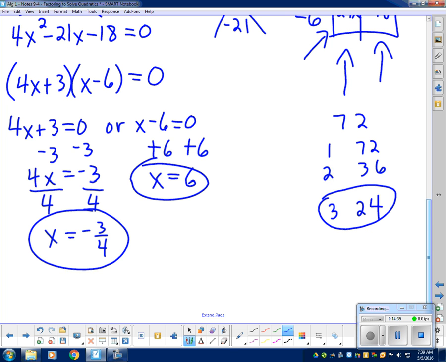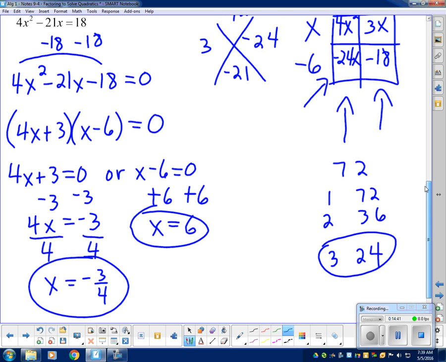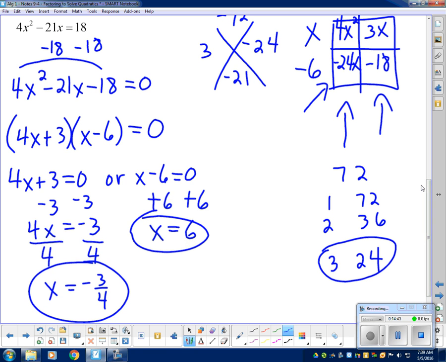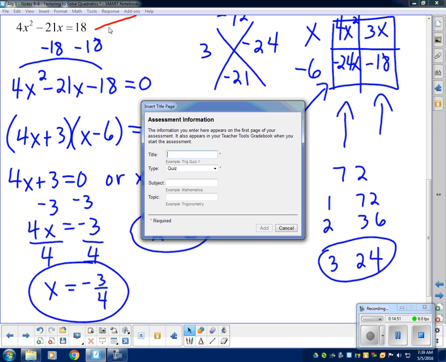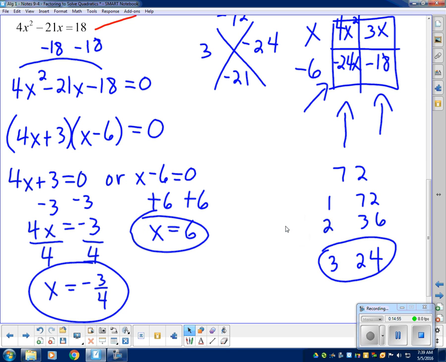So if you plug those into the original equation up here, if you plugged in 6 or you plugged in negative 3/4, you would get the left-hand side would equal 18 to equal that original equation. All right, well, that's it for the notes for 9-4.